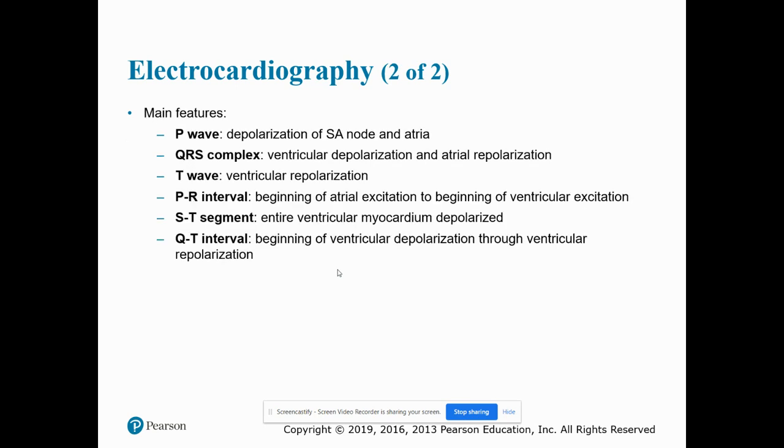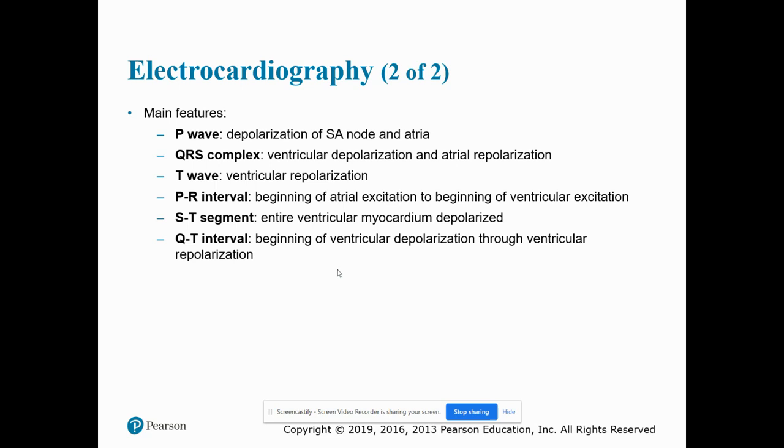And then we have the main features. First we have the P wave, and the P wave is going to reflect depolarization of the SA node and the atria. Then we have the QRS complex. This is going to reflect ventricular depolarization and atrial repolarization. However, we will not see atrial repolarization because the ventricular depolarization will mask it.